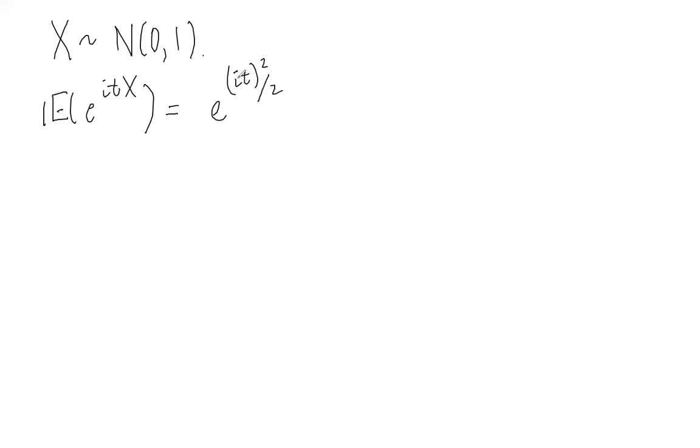Just now for the moment generating function of normal 0, 1, we had e to the t squared over 2, right? So basically over here, we just need to replace the t with it, okay? And this will give you e to the minus t squared over 2. This is my phi t.